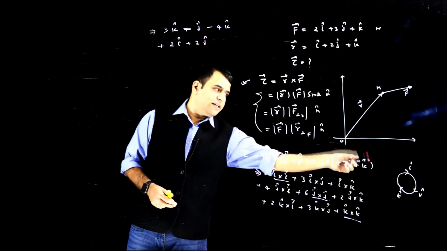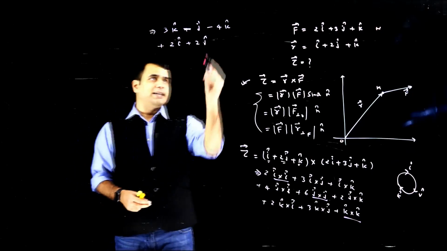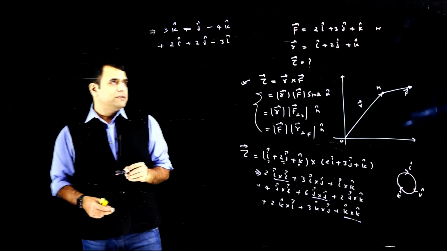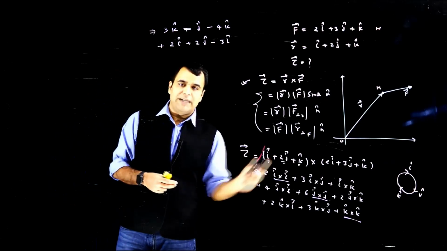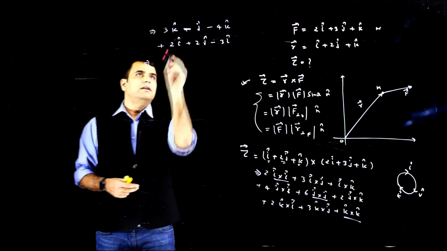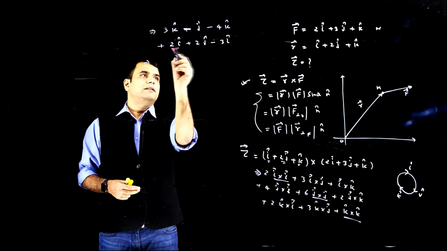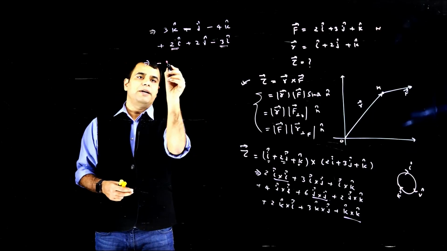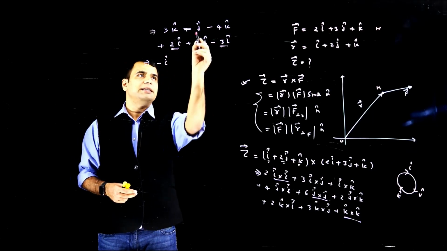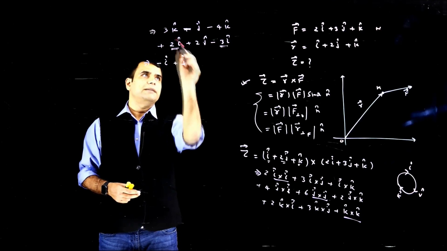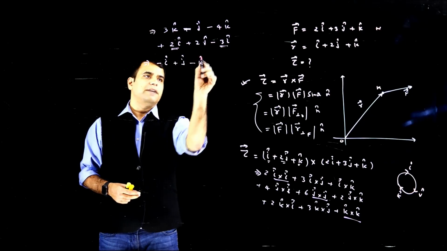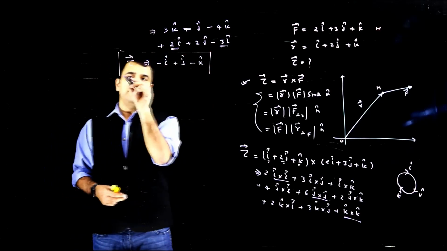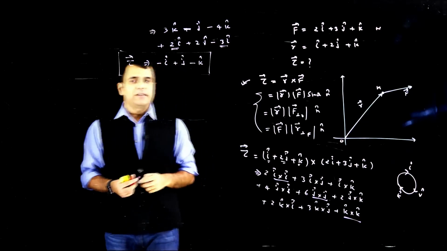And k cross j gives I, but since it is negative, minus 3I. So you have taken all 9 terms into account. Let's combine similar values. 2I and minus 3I gives minus I cap, j and 2j give plus j cap, and minus k cap. So the value of torque is equal to minus I cap plus j cap minus k cap.